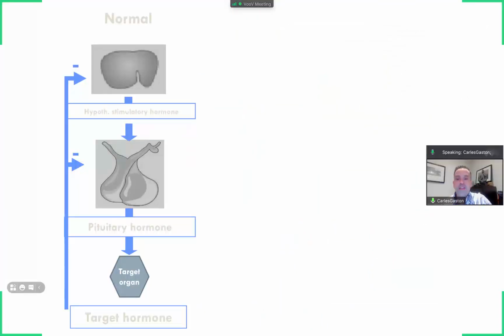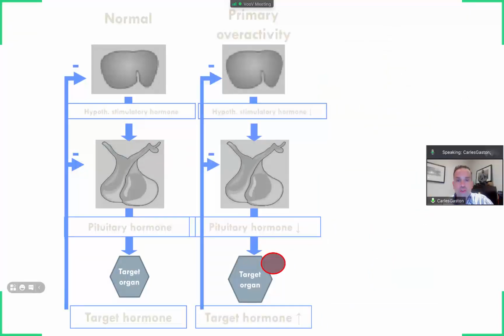So we have again the normal function, which we know. Now let's say that there is a tumor or abnormality in the target organ. Then what is going to happen is the contrary.